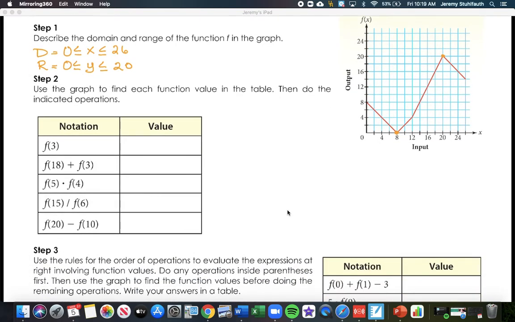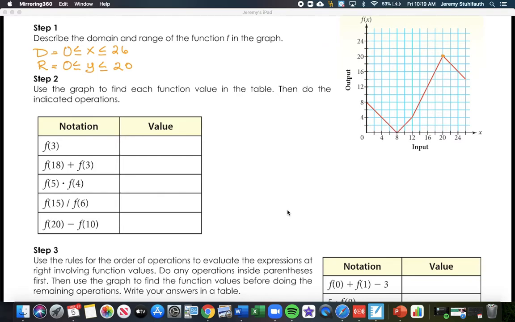So what we want to do now is use this graph to find the value of each of these expressions or each of these notations over here in this table. And then after we do that, we want to complete the indicated operations. So f of 3.